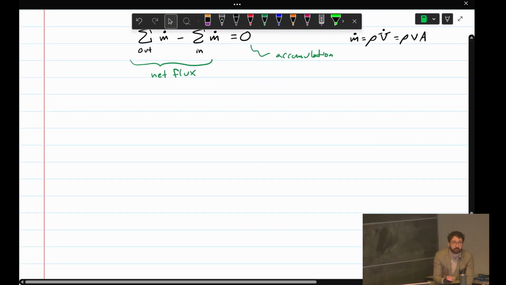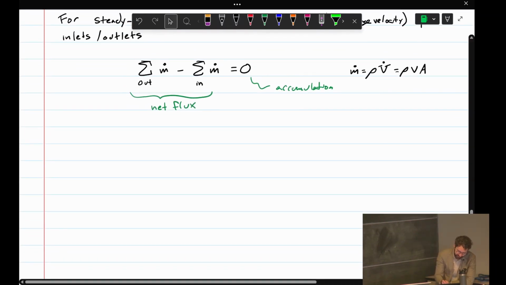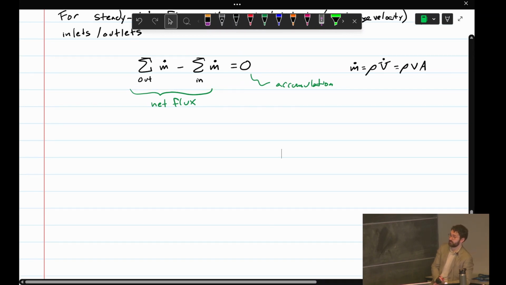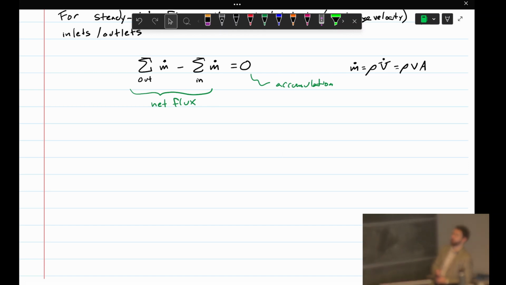And also the nice thing about this is we just need the mass fluxes here. So there's no vector dot products, no signs to worry about. So that's just straight up scalar. So what's the mass flux into our CV and what's the mass flux out of our CV?